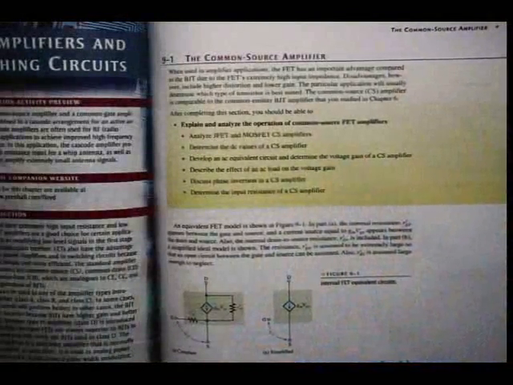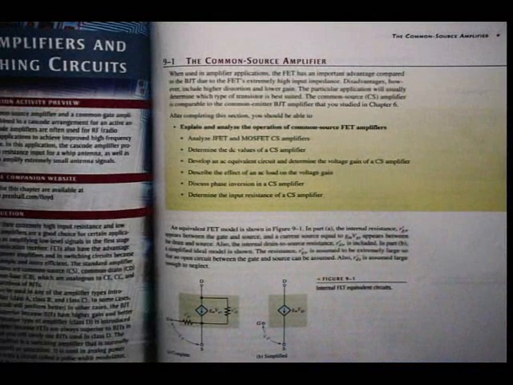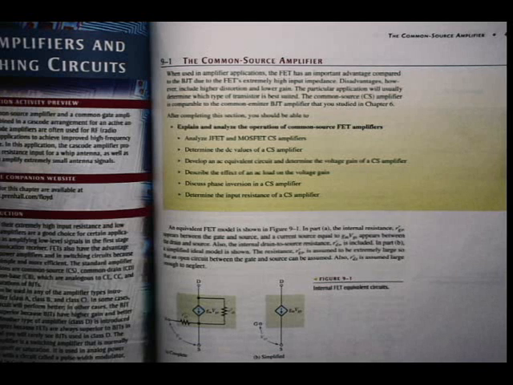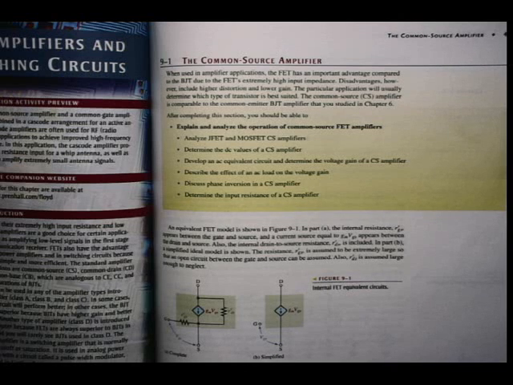I didn't underline it this time, but the introductory paragraph, you can mark that. When used in amplifier applications, the field effect transistor has an important advantage compared to the BJTs due to the field effect transistor's extremely high input impedance. Disadvantages, however, include higher distortion and lower gain.